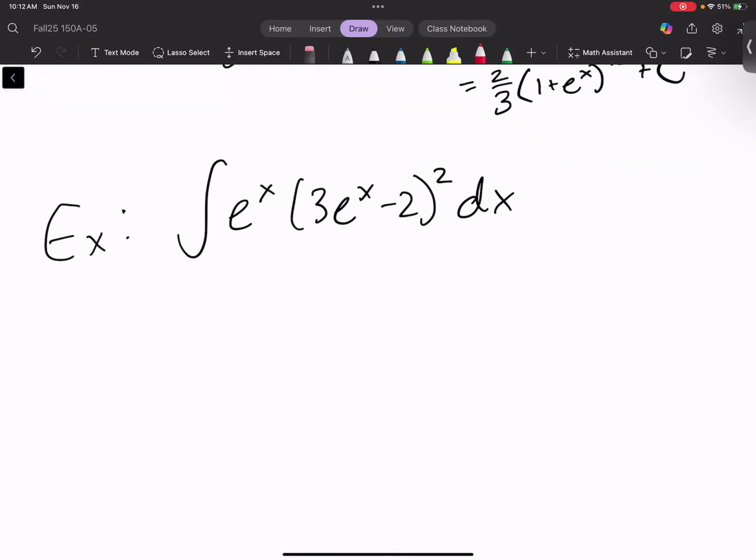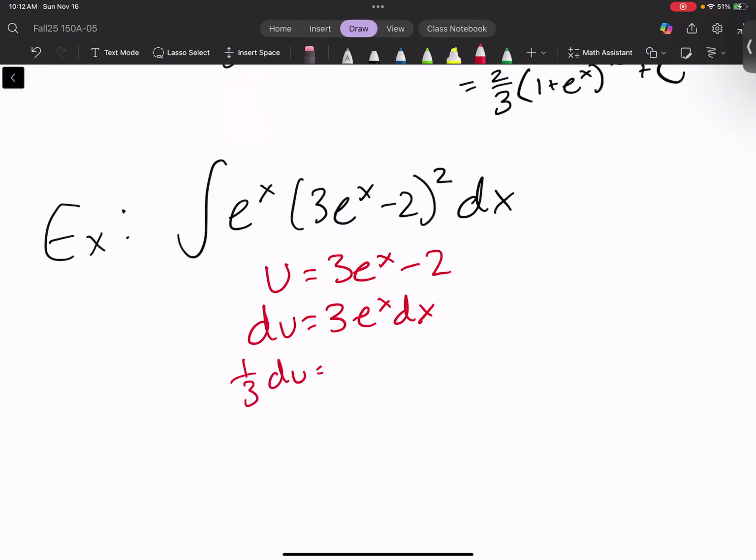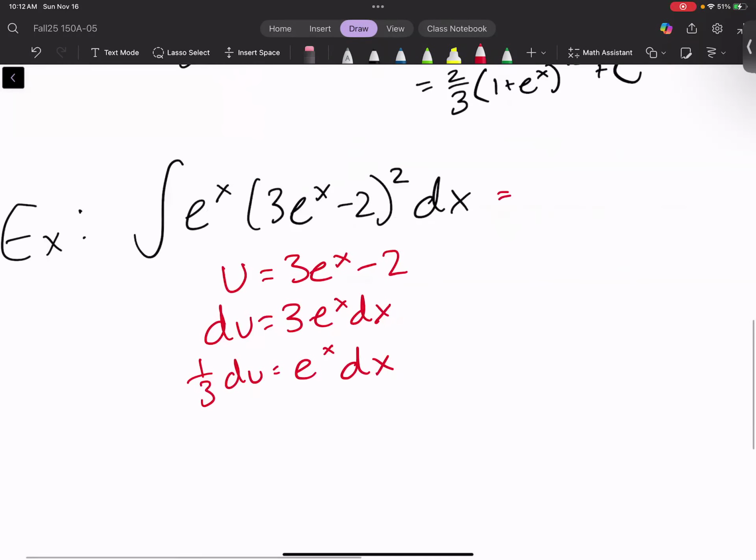Okay. So yeah, inner function, right? That's my u. du equals 3 e to the x dx, taking the derivative and then putting a dx on there. Then we can divide by 3. Now we have the e to the x dx. Plugging in, we just have u squared times 1/3 du.